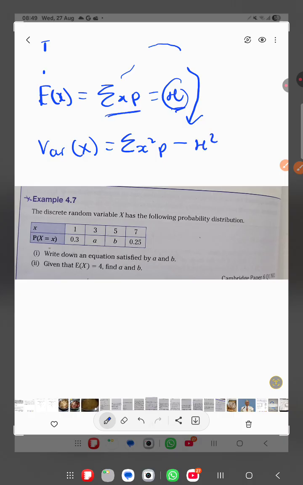Minus mean squared or expectation squared. That's how you get variance. And of course, standard deviation will be equal to the square root of the variance. All right. I hope that is as clear as mud.